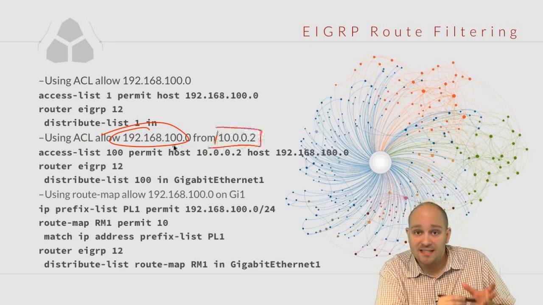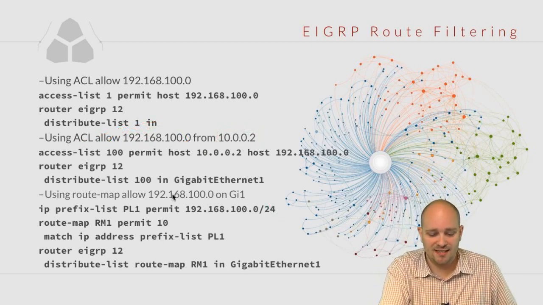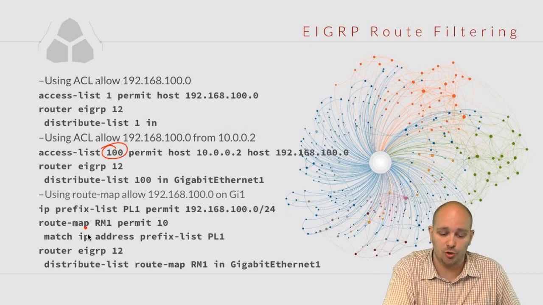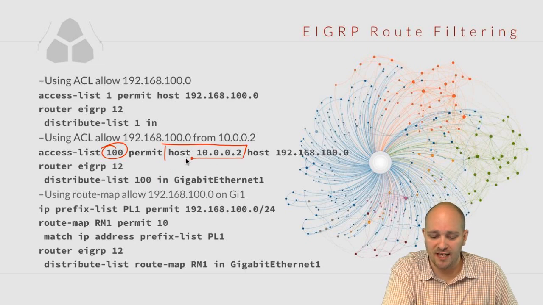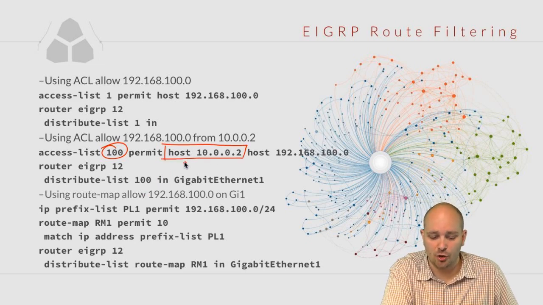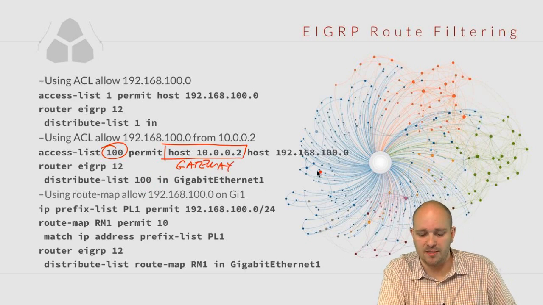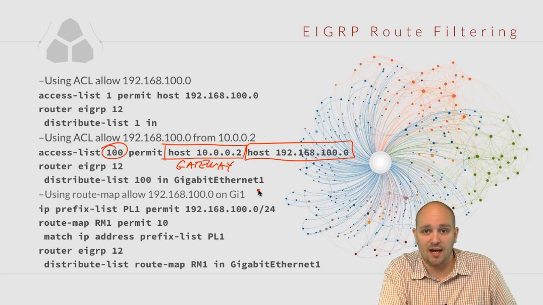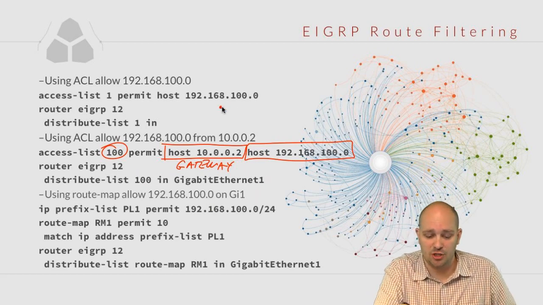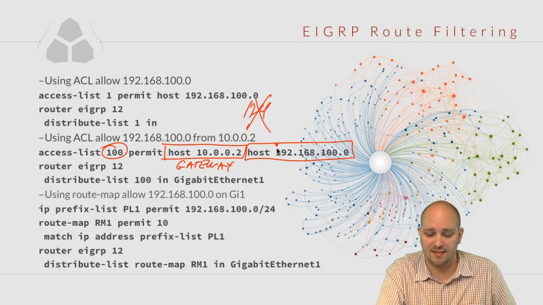Now, mind you, this is also very easily done using access lists, but this time around we have to use the extended access list. The source part of the extended access list here is going to be used to match the gateway. And remember, that's EIGRP's name for the router. And the destination part will be used to match against the network. With the same limitations, we cannot match the mask.